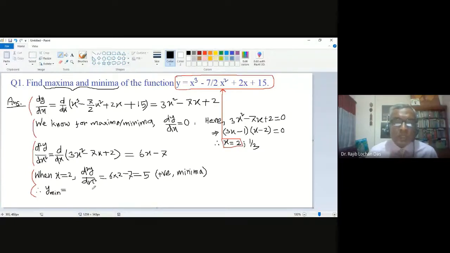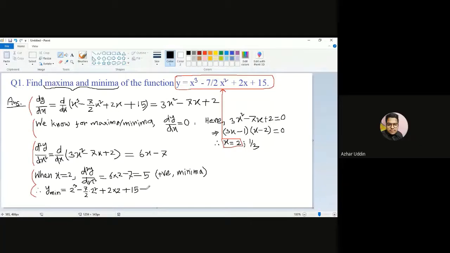So put this value into the original function, that will be 2 cube, then minus 7 by 2 into 2 square, and then plus 2 into 2, and then plus 15. So what will be the answer?